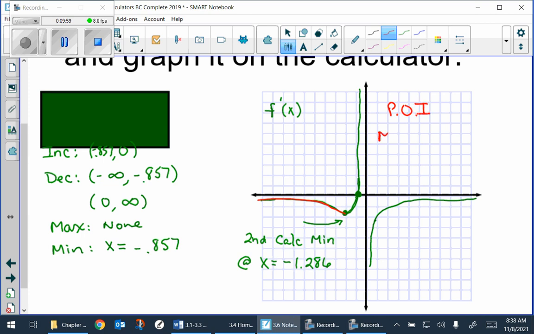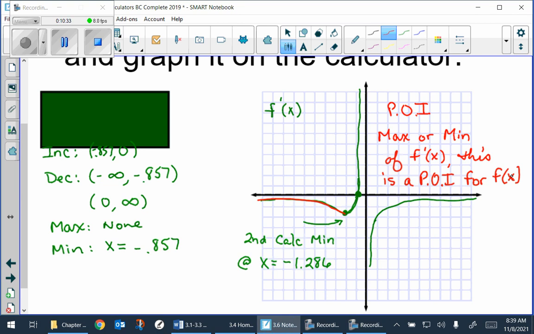Yeah, if there is a max or a min of f prime of x, this is a point of inflection for f of x, because that indicates that the concavity is changing.